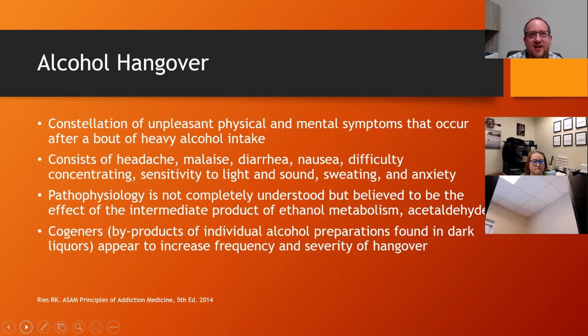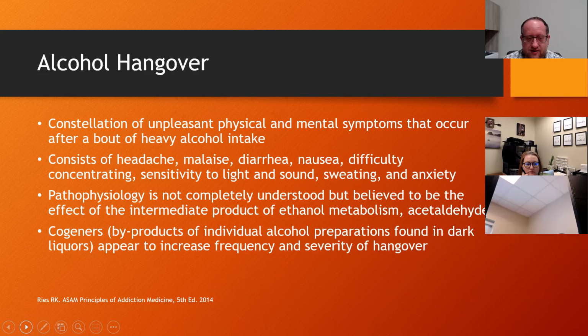Headache is the most common symptom, followed by general malaise and fatigue, but it can also be accompanied by GI symptoms like diarrhea and nausea, difficulty concentrating, anxiety, and sensitivity to light and sound.